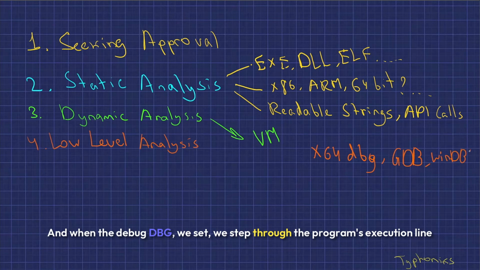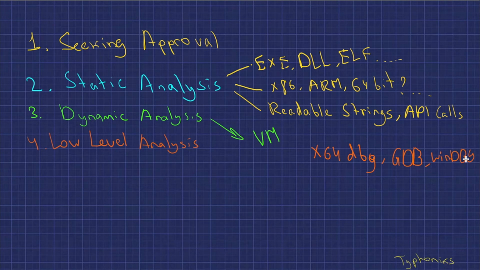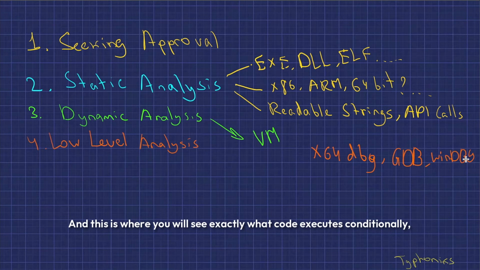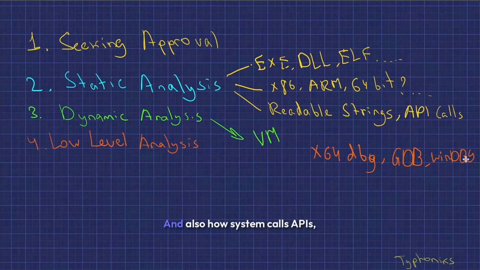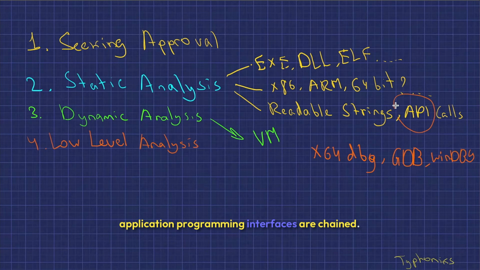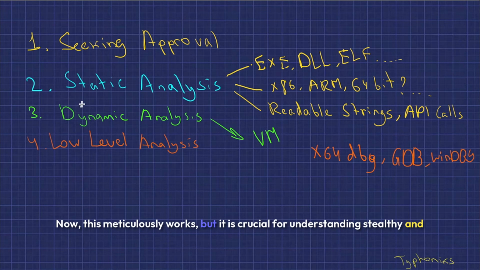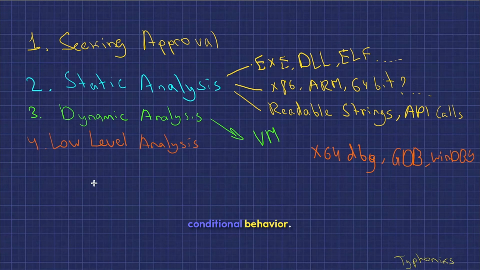We step through the program's execution line by line, instruction by instruction, and this is where you will see exactly what code executes conditionally, what branches the logic follows, and how values are passed and manipulated in memory, and also how system calls and APIs (application programming interfaces) are triggered. Now, this is meticulous work, but it is crucial for understanding stealthy and conditional behavior.